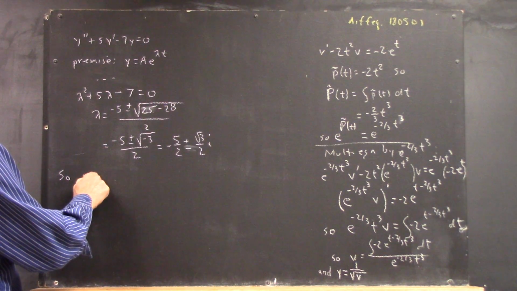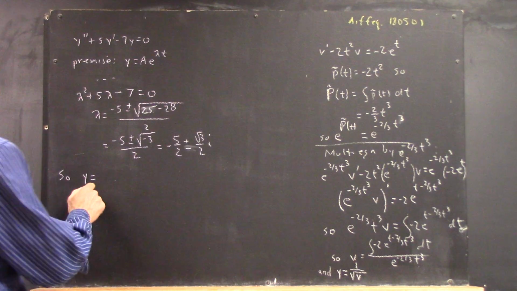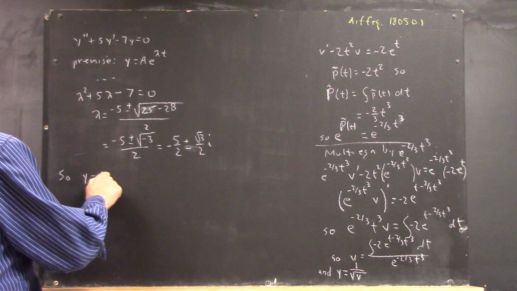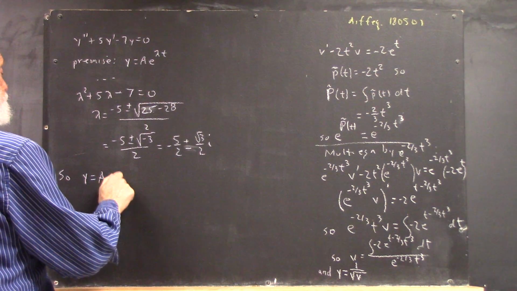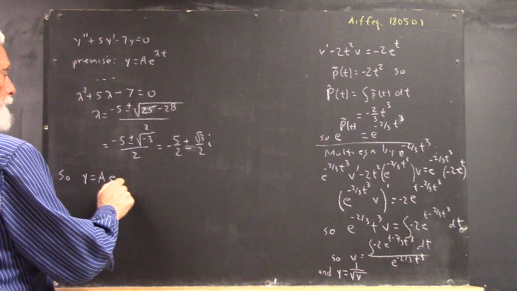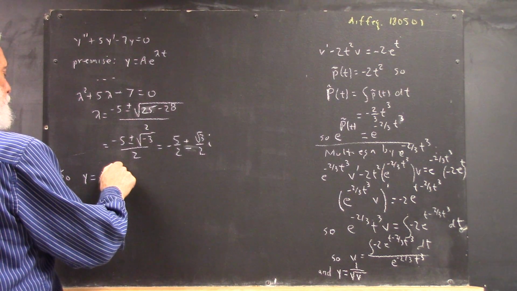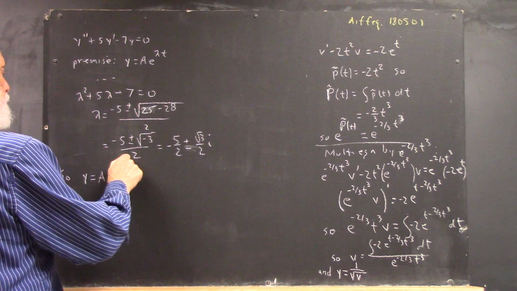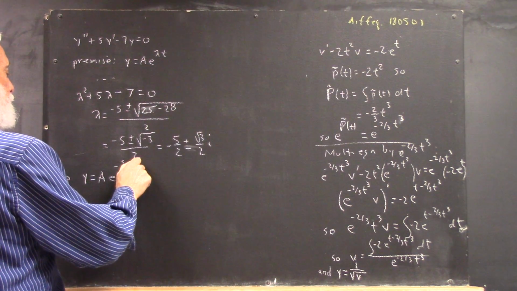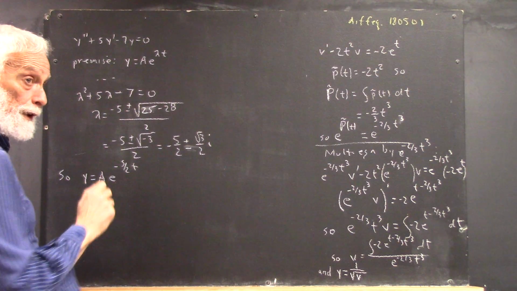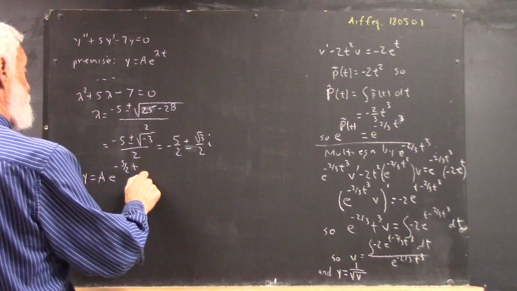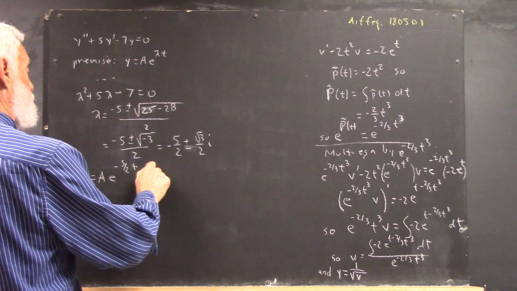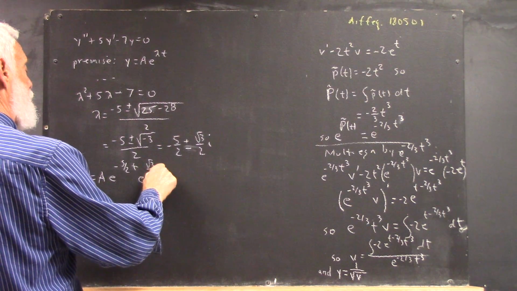So y equals some multiple of e to the -5 halves t, right? Yes. e to the square root of 3 halves i t.